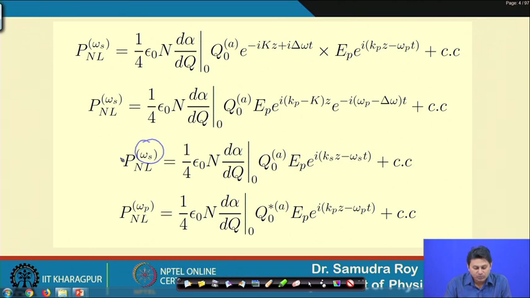Exactly in a similar way, you can calculate the nonlinear polarization of the pump omega p, and those two equations look exactly the same. The only difference is that here we have this thing, and here we have Q0 A. So, these two differences you need to note.